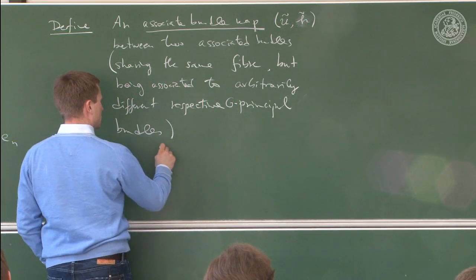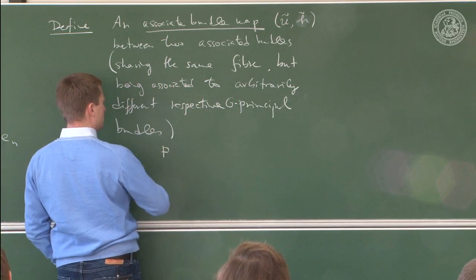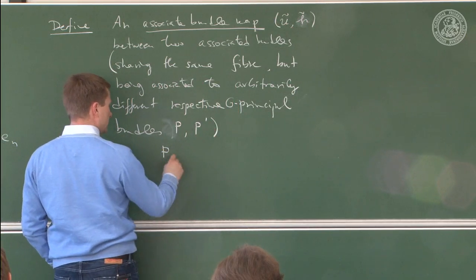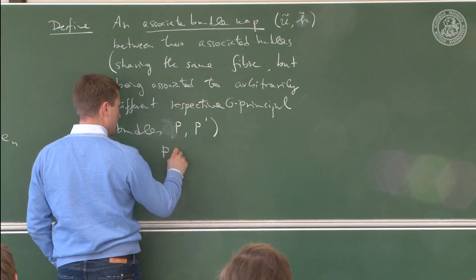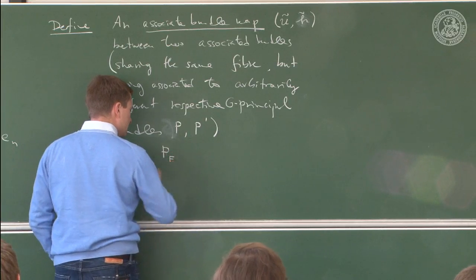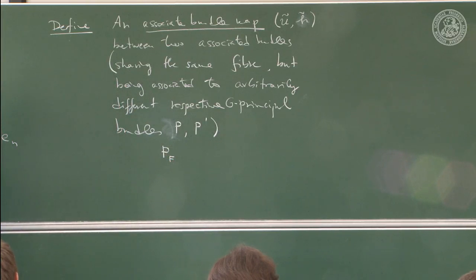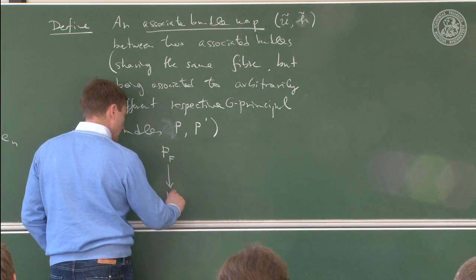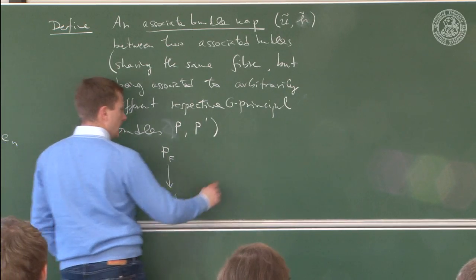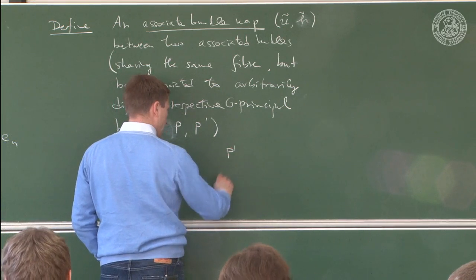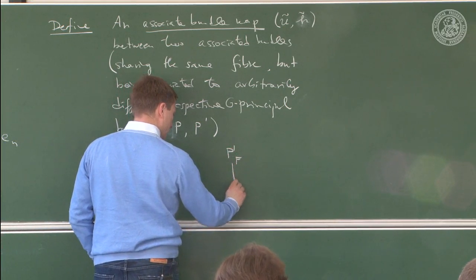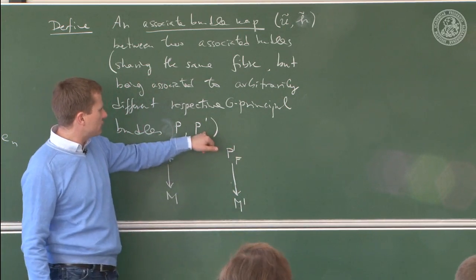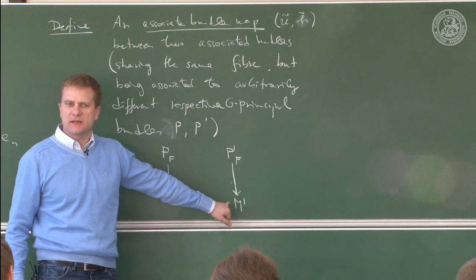So let's write down. So we have principal bundles P and P prime. So how does that work? We have P sub F, the associated bundle to this first principal bundle, down to a base manifold M. And we have another P prime sub F, which however projects down to another M prime, because this P prime principal bundle may have a different base space.